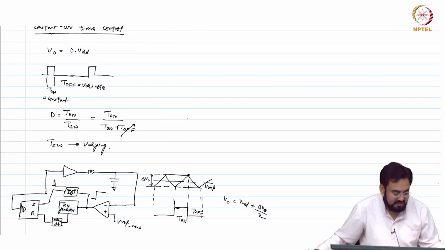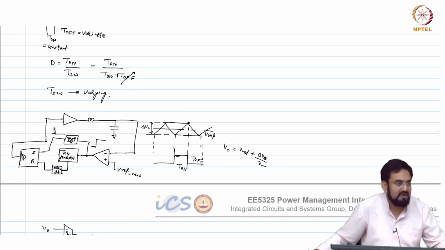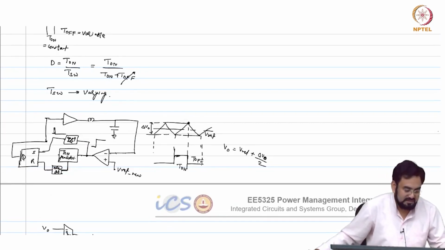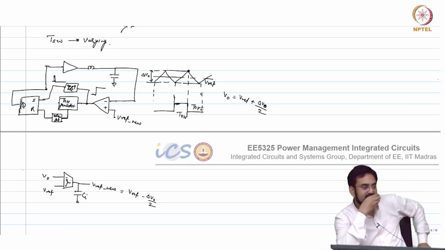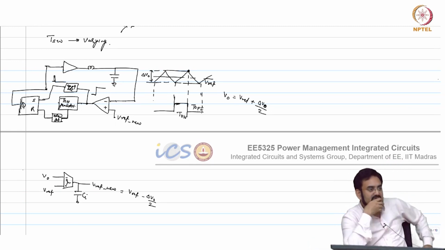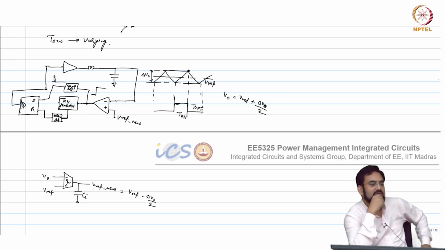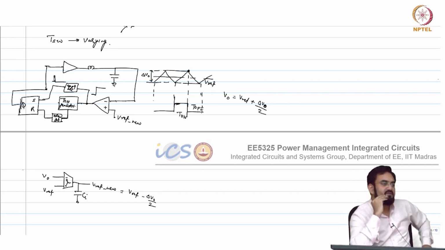If you are doing a constant off time, then this will become an off time generator. Now frequency is variable here. Is there a way I can fix this frequency? If I want to fix the frequency, I need to adjust both T on and T off. T off I know is automatically adjusted by the loop.